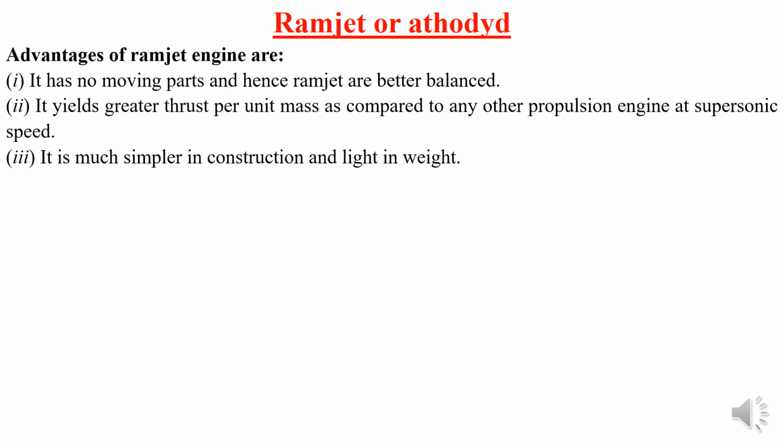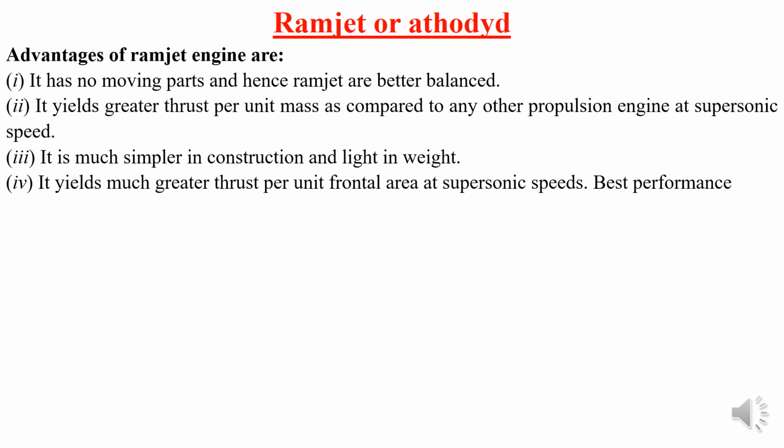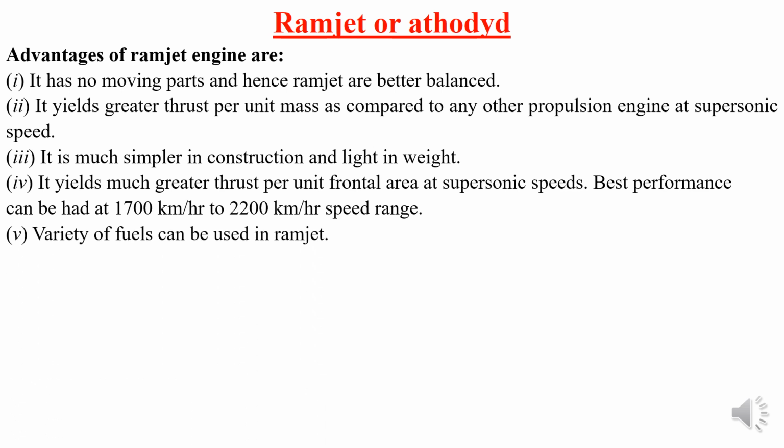It yields much greater thrust per unit frontal area at supersonic speed, and the best performance can be achieved in the 1700 km per hour to 2200 km per hour speed range. A variety of fuels can be used in this engine, and these are ideal propulsion devices for aircraft and missiles.